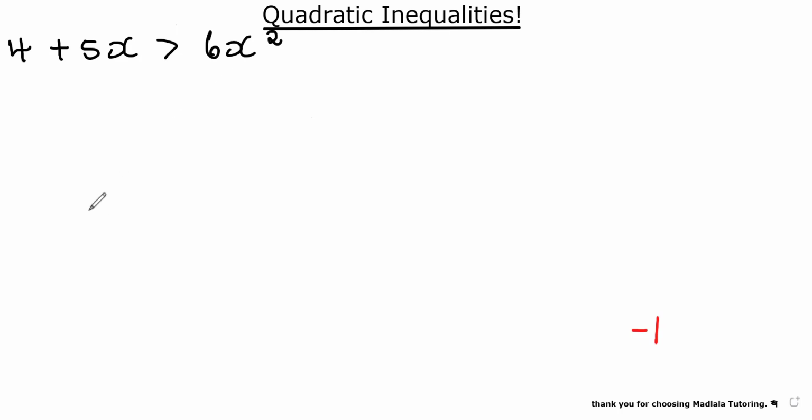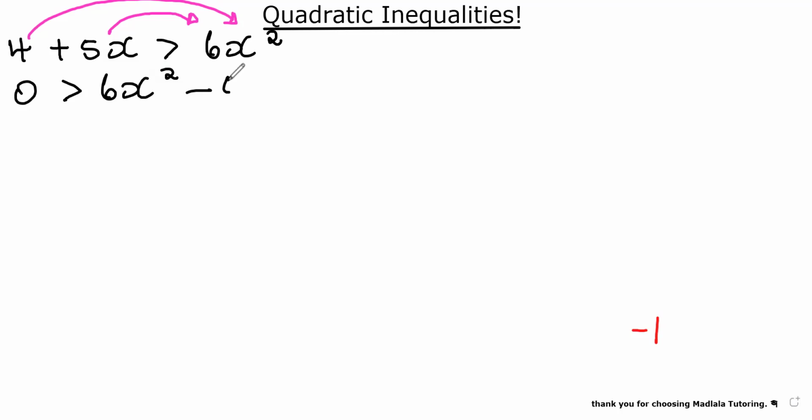All right? You need to solve for x. Well, the first thing that I want you to do is to take all the terms to the right-hand side so that you're left with 0 on the left, and then you say this is greater than 6x squared minus 5x minus 4.